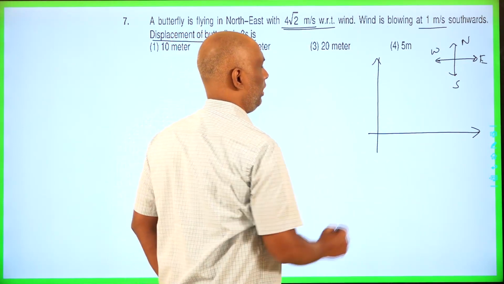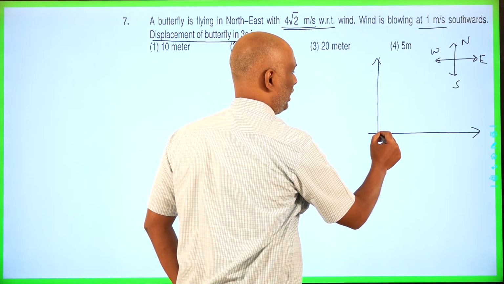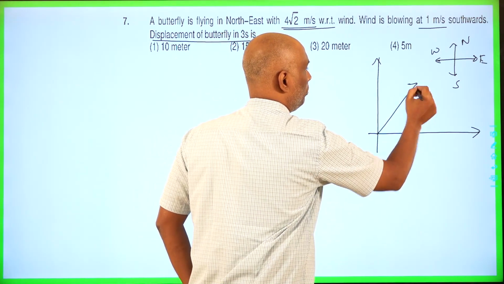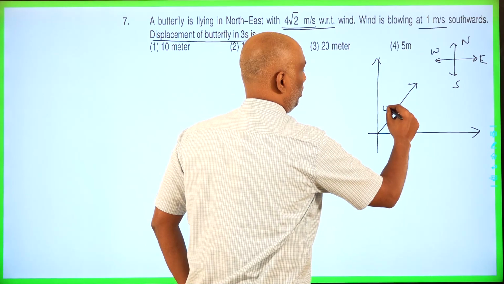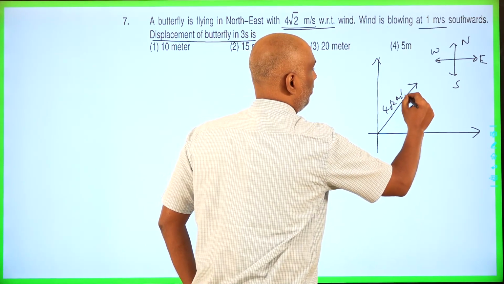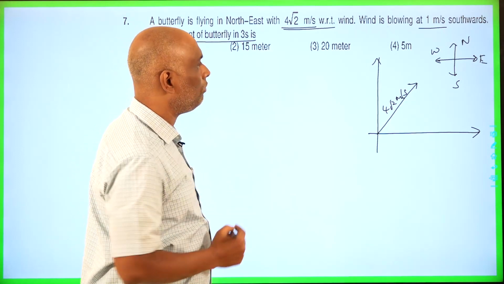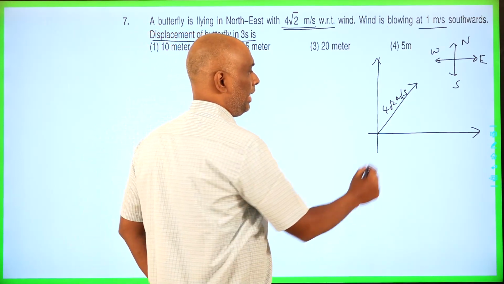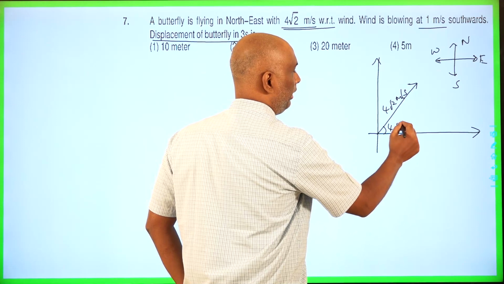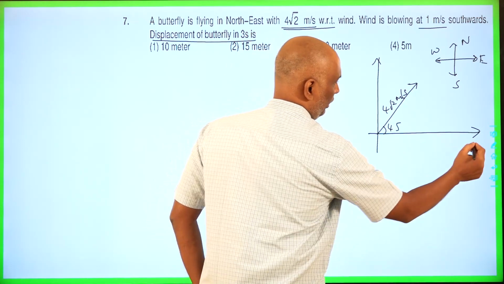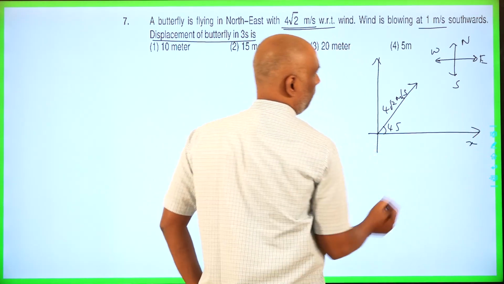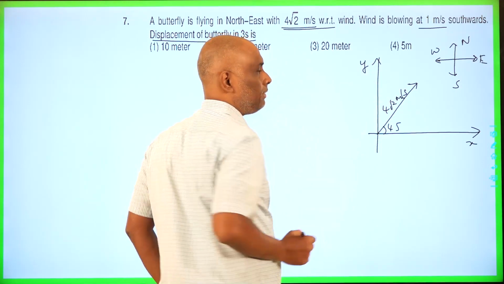As it is given that the velocity of the butterfly with respect to wind is 4√2, this is 4√2. As the direction is northeast, this angle becomes equal to 45 degrees. I'll take east along the x-axis and north along the y-axis.